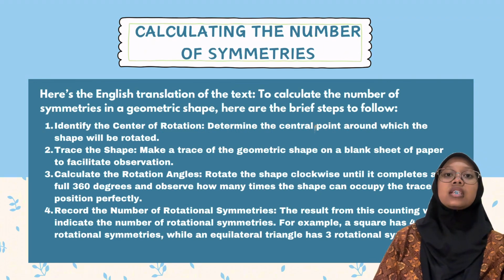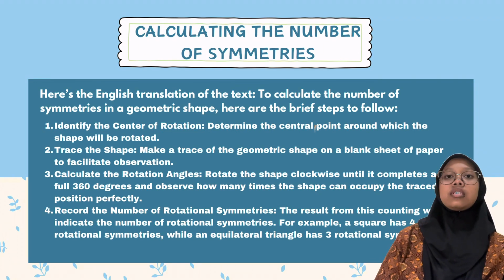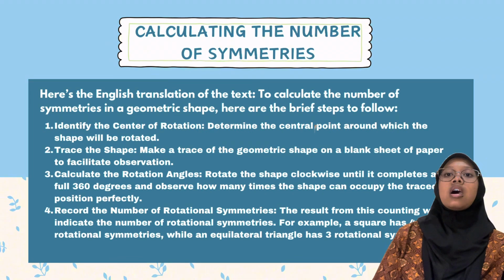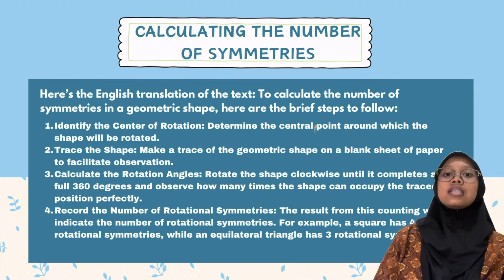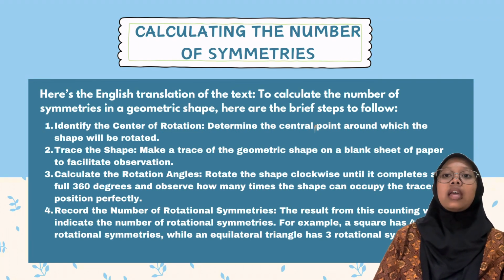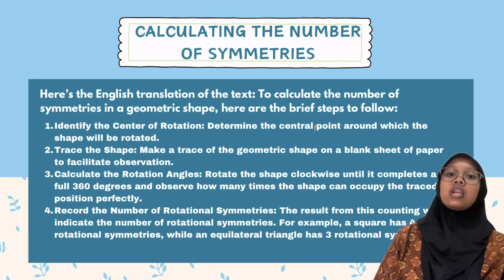Number 3. Calculate the rotation angles. Rotate the shape clockwise until it completes a full 360 degrees and observe how many times the shape can occupy the trace position perfectly. Number 4.